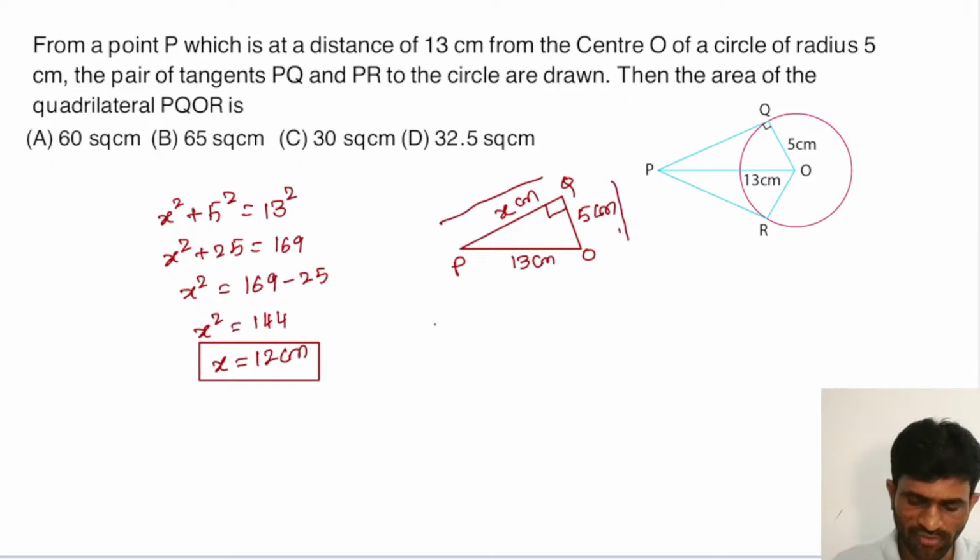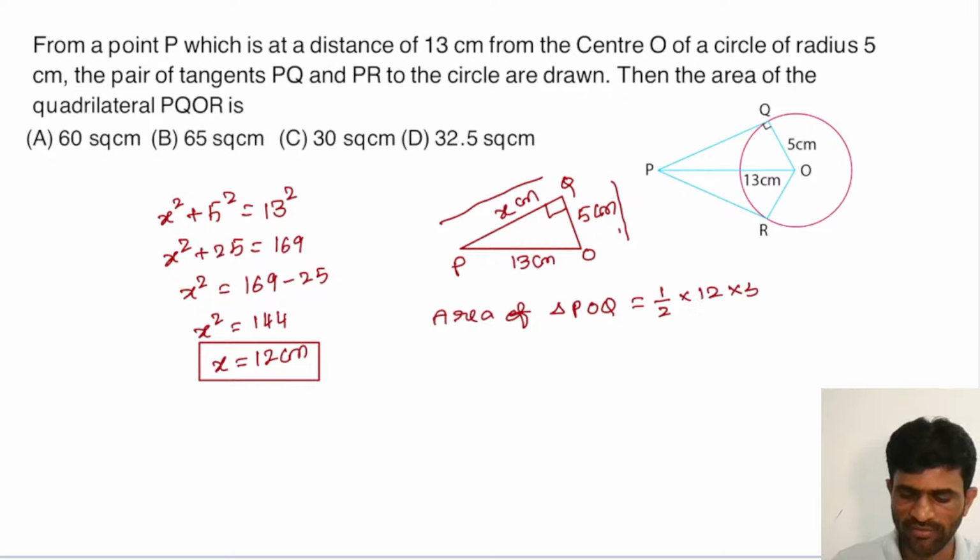So area of triangle POQ is equal to half into base 12 and height 5. So 6 into 5 is 30 centimeter square. This is the area of one triangle. We have two triangles here.